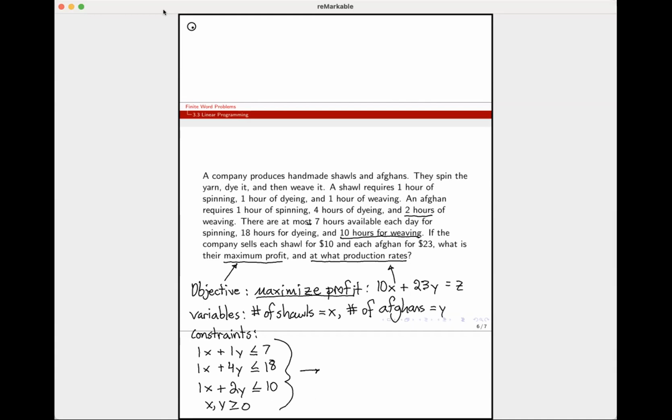So for our top equation, all I need to do is subtract x to the other side. The second equation, I'll have to subtract x and then divide by 4. So let's see, that'll give me negative 1/4 x. And then 18 divided by 4, that's going to be 9/2, I guess.